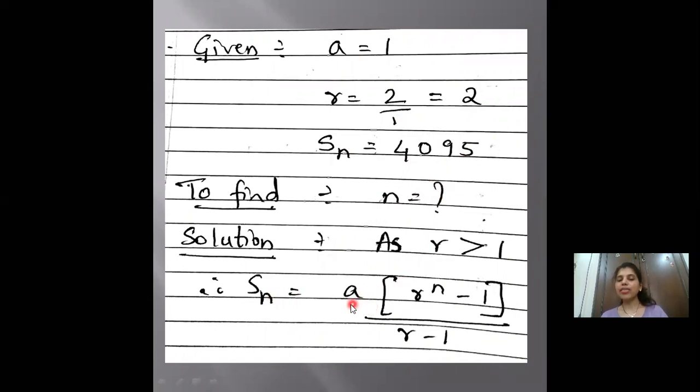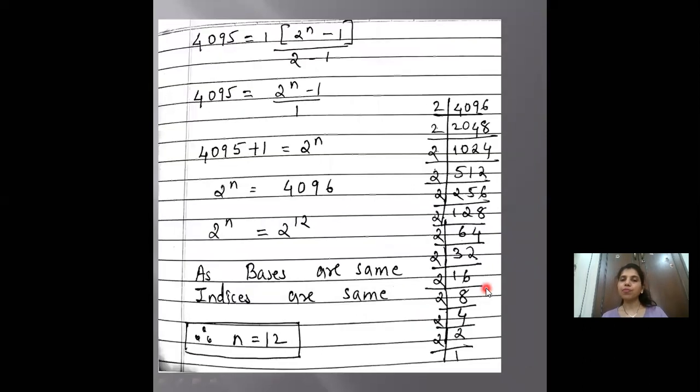That's why your formula is a times r raised to n minus 1 upon r minus 1, and only the bracket will come for the numerator. Just keep this in mind. Now 2 raised to n minus 1 upon 2 minus 1.